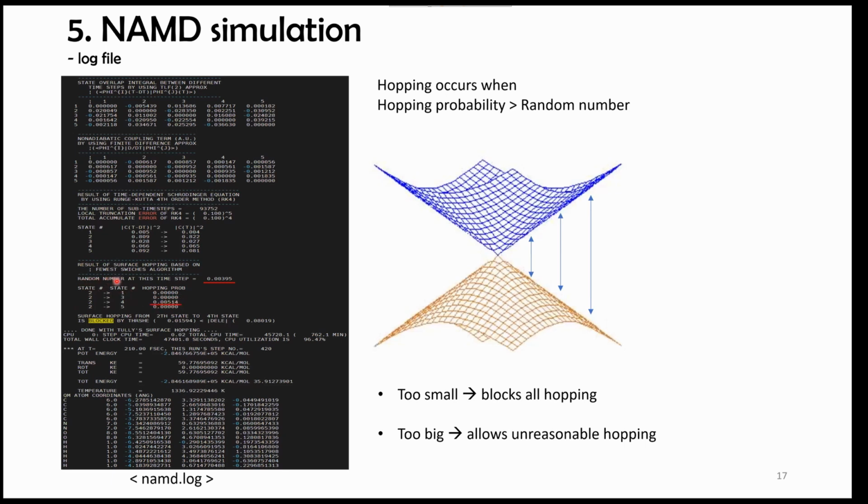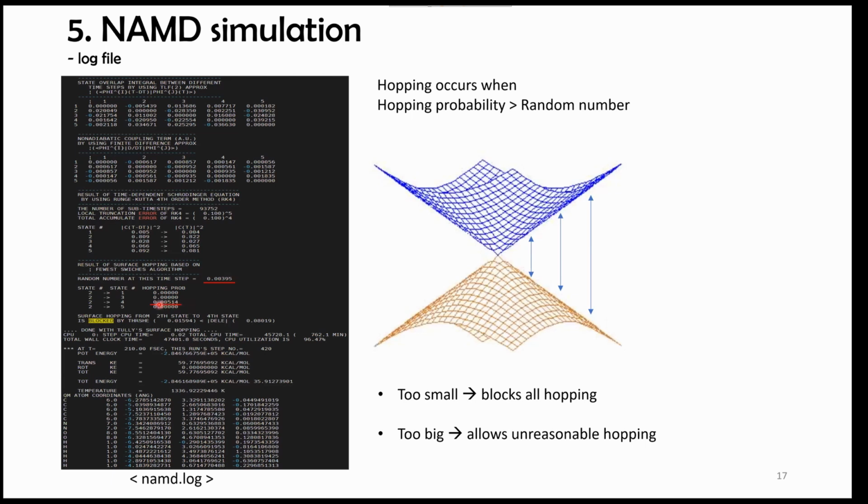And there's a random number at this time step here. In the surface hopping method, the hopping occurs when the hopping probability is greater than a random number. It compares the hopping probability and the random number, and if the hopping probability is greater than the random number, the hopping occurs.